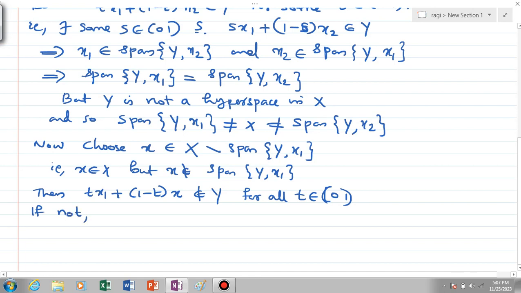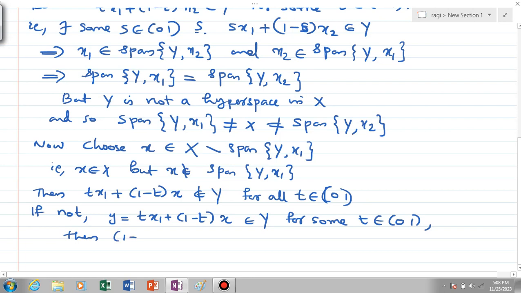Suppose t x1 + (1 - t) x is an element of Y for some t element of open interval (0, 1), say equal to y. Then we can write (1 - t) x = y - t x1.